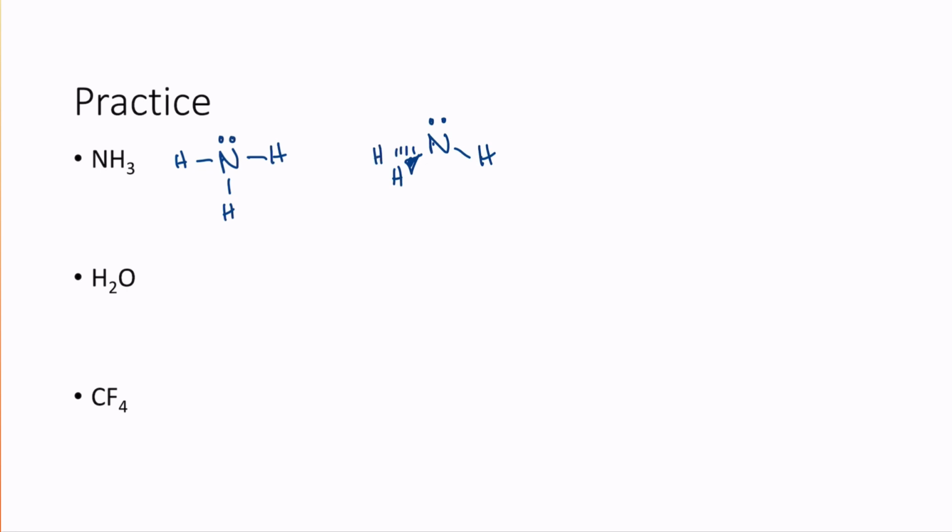So here would be the 3D structure for ammonia. The 2D structure for H2O will be this. And since we have lone pairs on the oxygen for water, the hydrogens are just going to angle down like so.